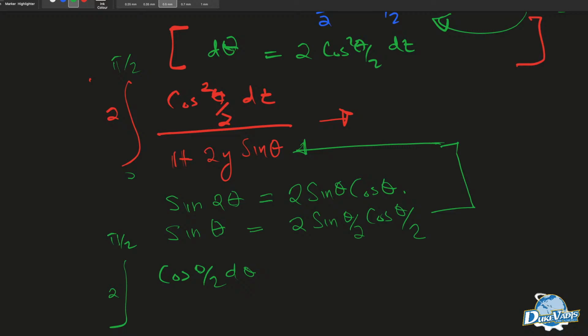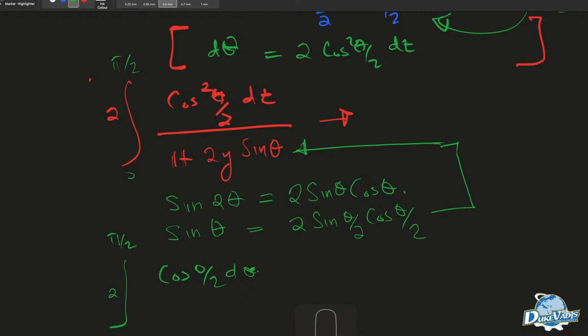Okay, so upon substitution, we have this. Everything is frozen a bit, the connection is lost.